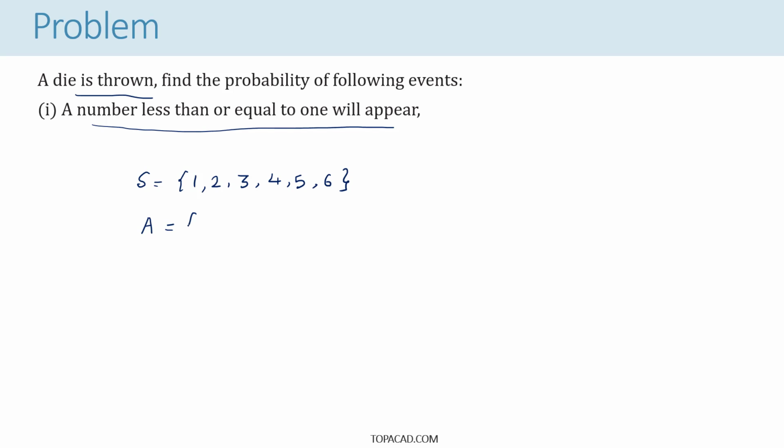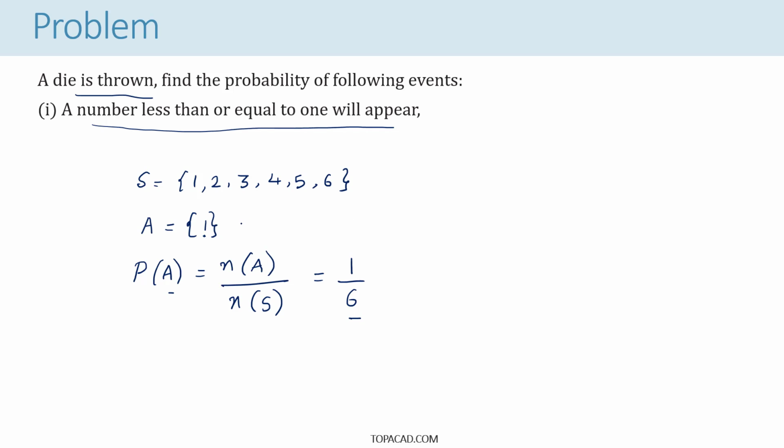There is no number less than 1, so it could be only 1. So the probability is the number of outcomes in event A divided by the number of outcomes in the sample space, which is 1 outcome divided by a total of 6 outcomes. So the probability of event A is 1 by 6.